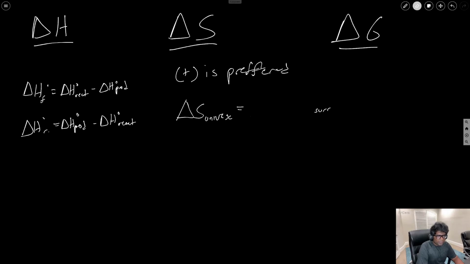I'll write this a bit smaller just so it doesn't mesh in with delta G. Like I said, this has a positive attached to it, and this is one of the few that are like that. Usually you always have negatives going with these thermochemistry equations. That's why this is the easiest. It's the easiest to remember that this will be positive. It's going out.